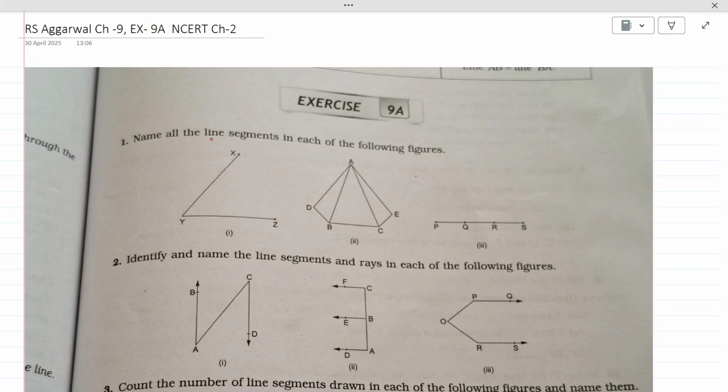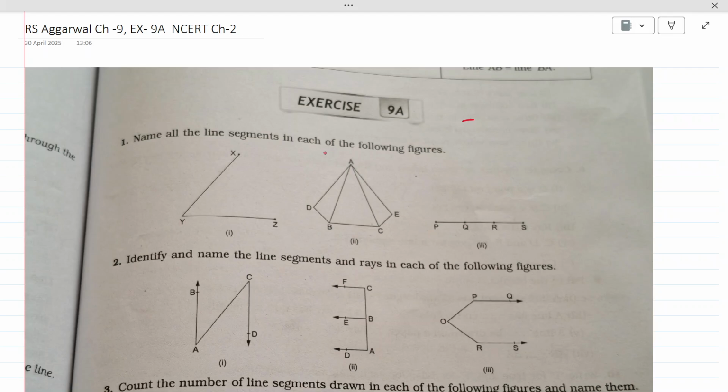A line segment always has a definite length and it always has two fixed points. The points are fixed. We have a starting point and the end point. And since the length is always fixed between these two points, we can always measure them. And how do we denote line segments? It is denoted by a bar, or you can say a line over the line segment name.